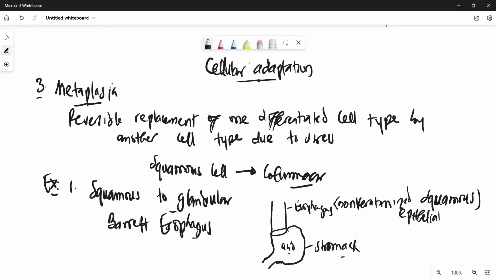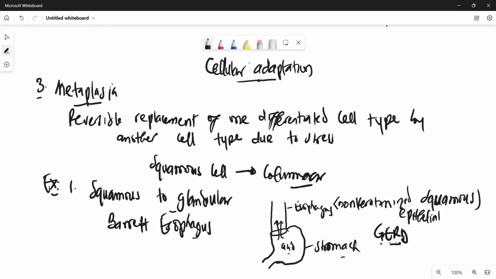So if there's a reflux of acid into the esophagus, like in the case of gastroesophageal reflux disease, GERD, where the sphincter is too relaxed and there is constant reflux of acid into the esophagus, the lining of the esophagus has to adapt to the new stress.